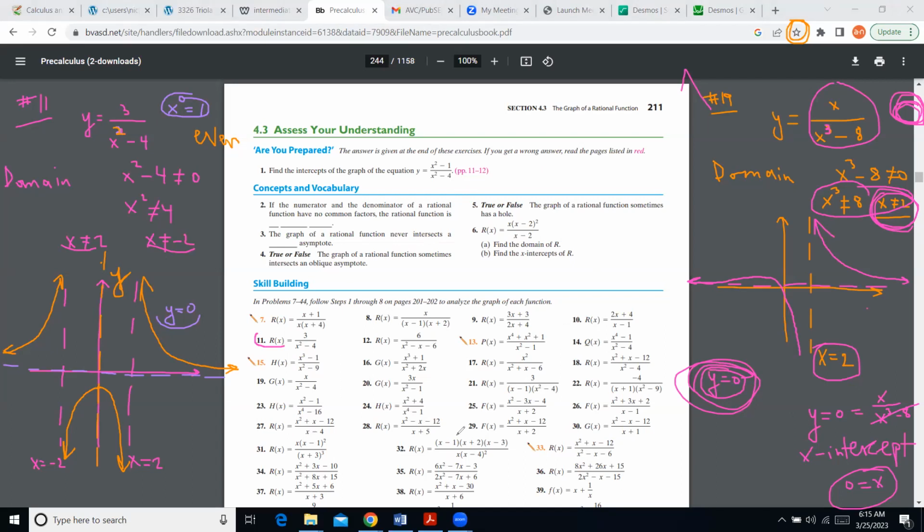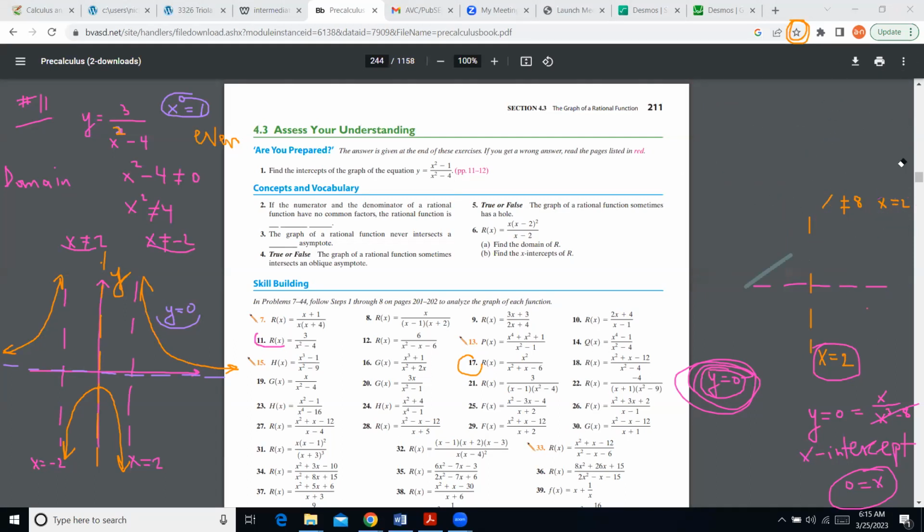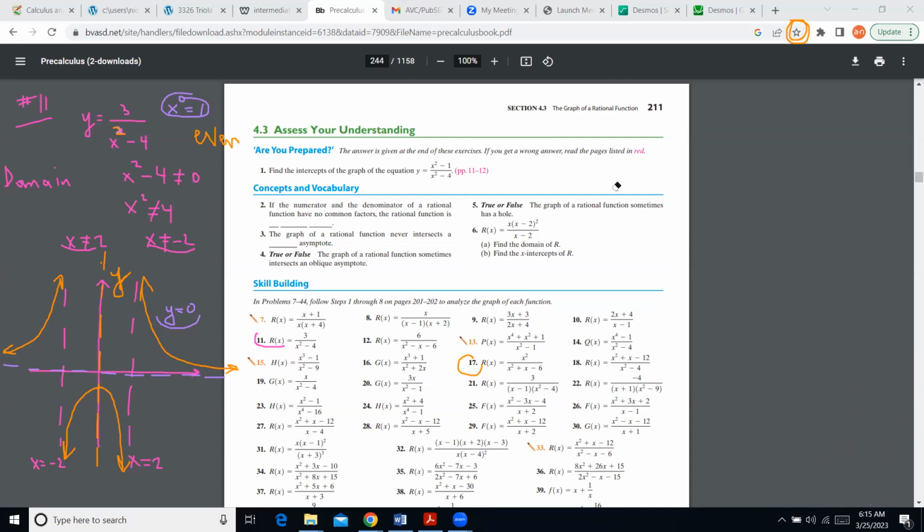And well, let me just graph another one for you. How about number 17? Another fractional graph. And looking at 17, you probably already see what the asymptote is supposed to be when I have a fraction with a denominator, right? So let me get this number 17 here.